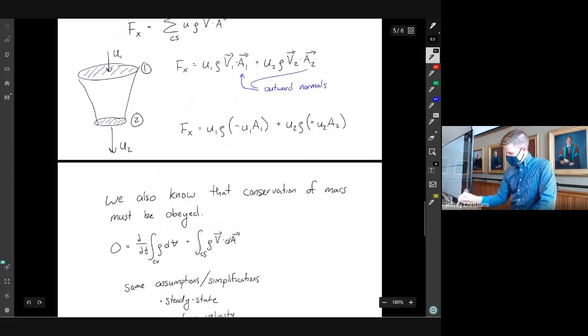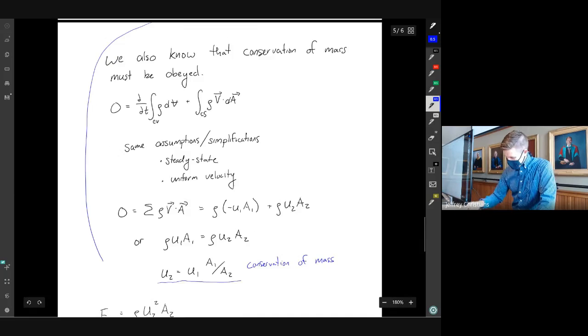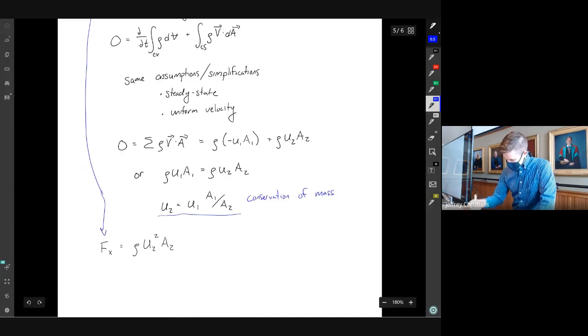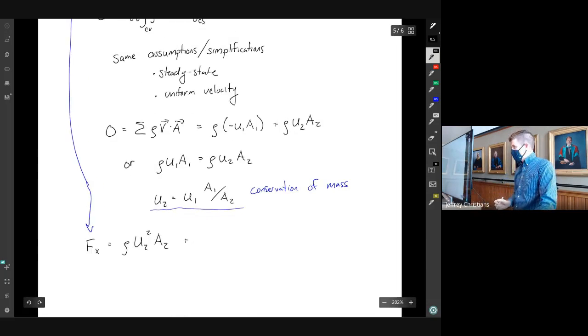I'm just plugging it in and simplifying that equation, so we're bringing that equation down here. Plus, and now anywhere I saw U1, I'm going to replace it.